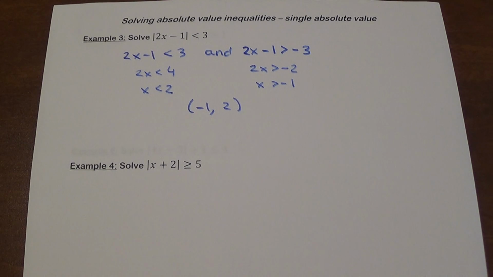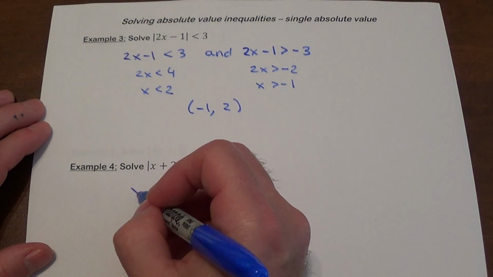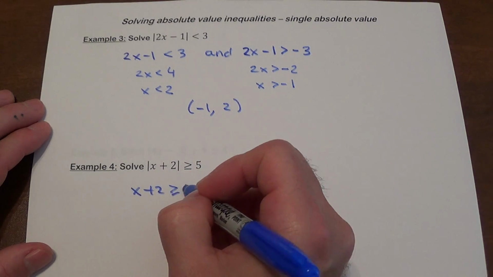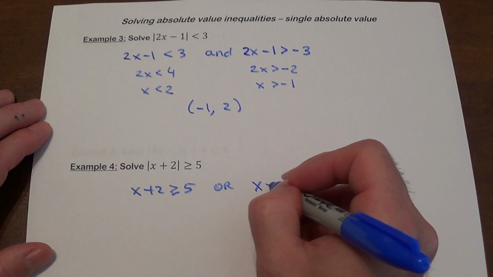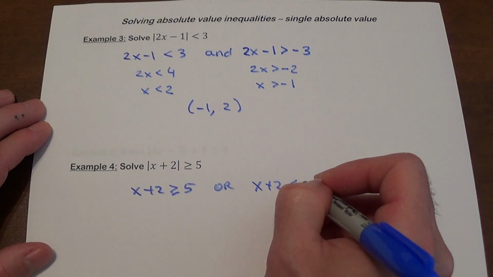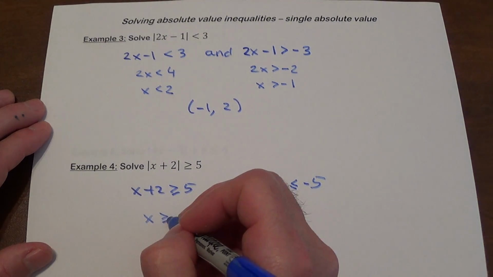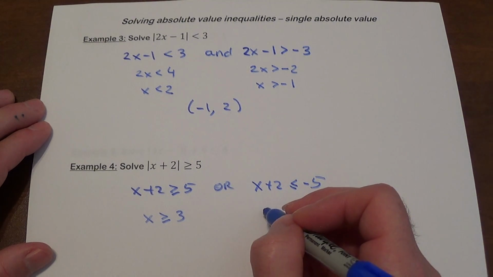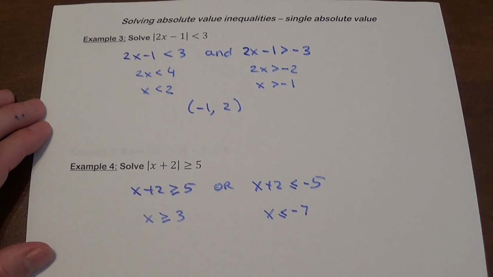This next inequality, the sign points away. So we're going to do x plus 2 is greater than or equal to 5, or, when it's away, it's or, x plus 2 is going to be less than or equal to -5. So this gives us x is greater than or equal to 3. This one gives us x is less than or equal to -7.